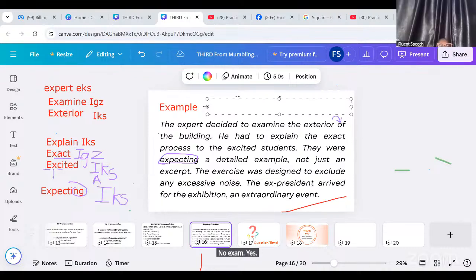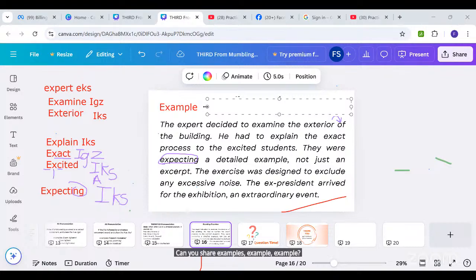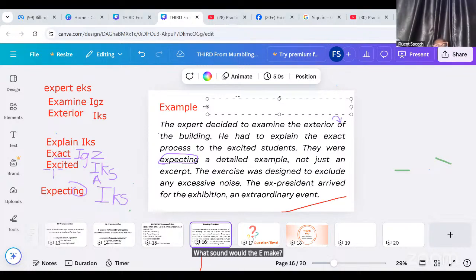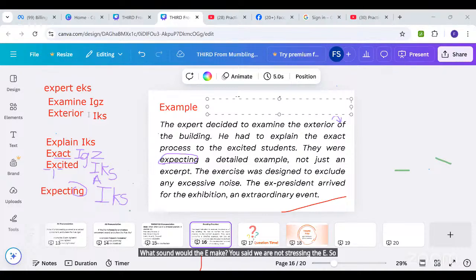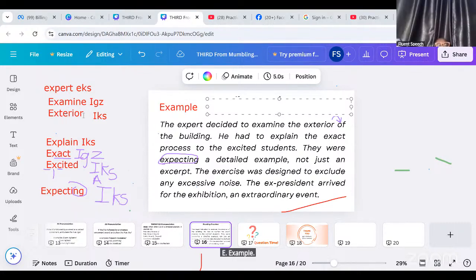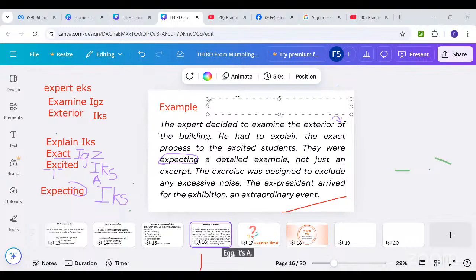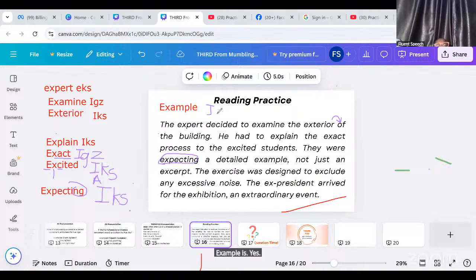So what sound will the E make in example? Is it E or A? A, not E. It will make the A sound.